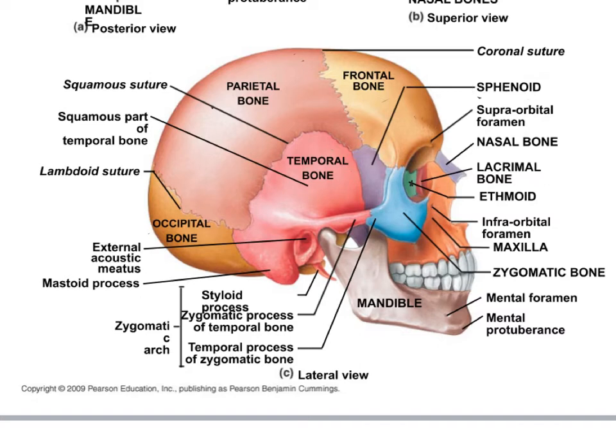All right, in between the parietal bone and the occipital bone, there's this suture here called the lambdoid suture. Lambdoid suture. That separates the parietal bone from the occipital bone. Then we have this suture that goes all the way up and around the temporal bone, dividing it from the parietal bone, and that's called the squamous suture.